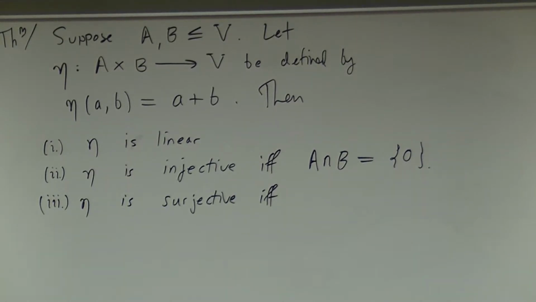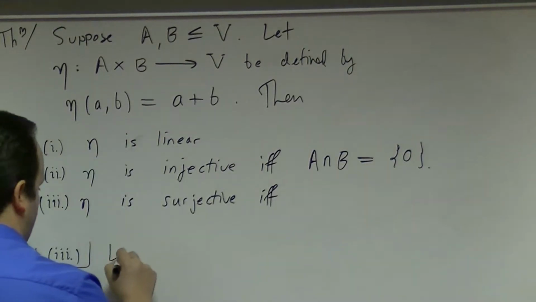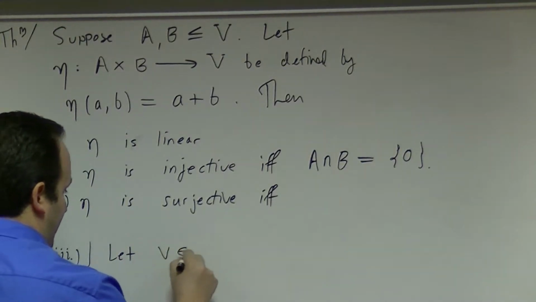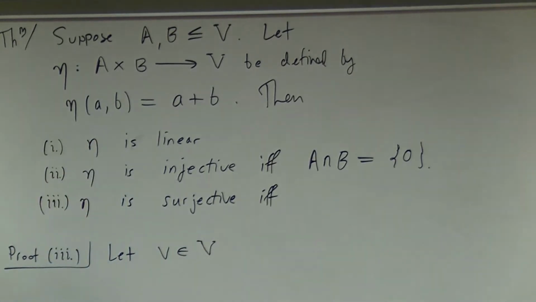Let me start looking at 3. I have the proof of all of these written out in the notes. I'm just going to write something about 3 here, okay? So to prove it's surjective, what will we need? Let v be an element of V. Now, you know that A is a subspace of V, and B is a subspace of V. That's given, right?